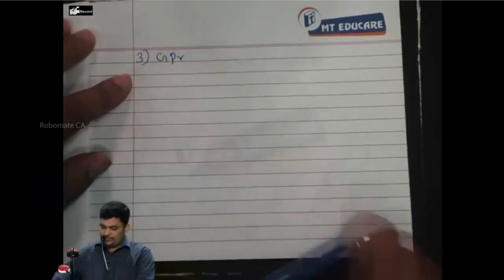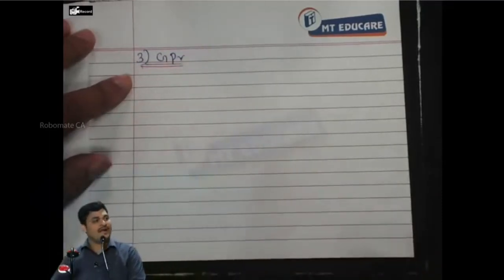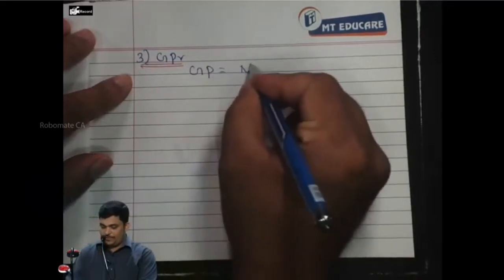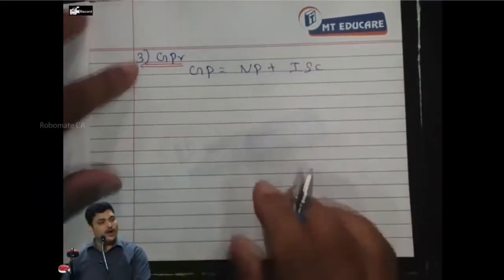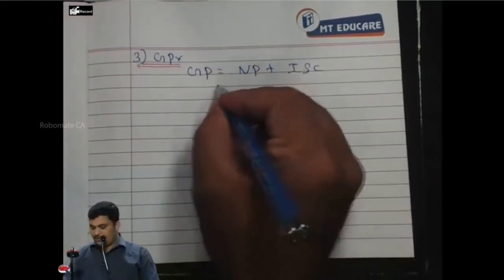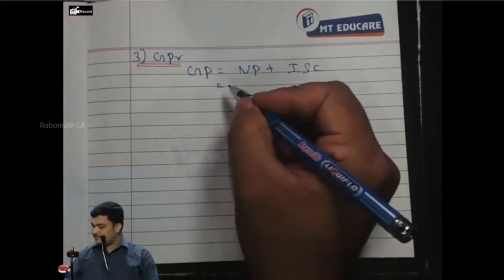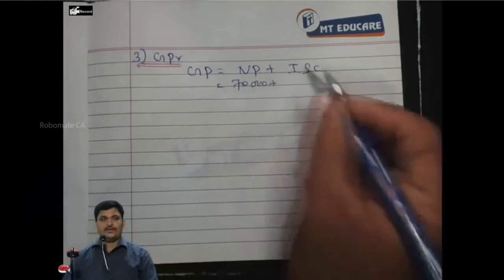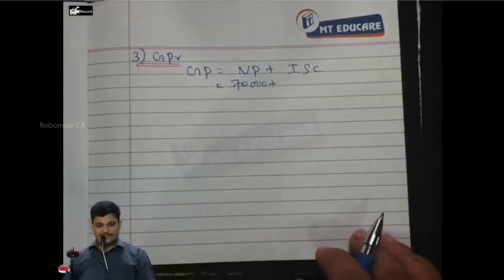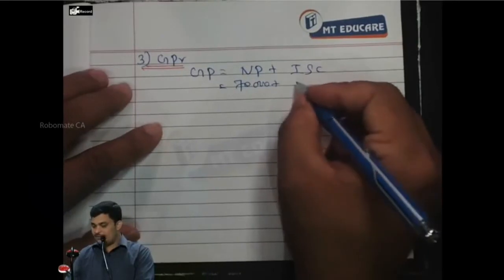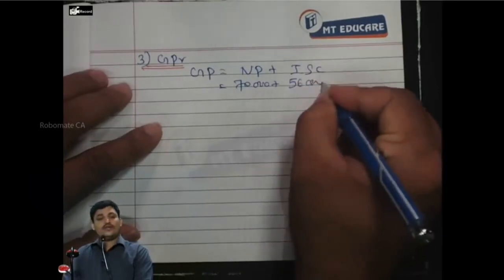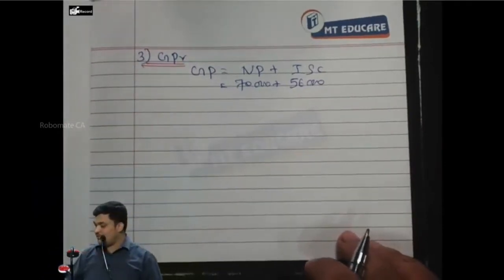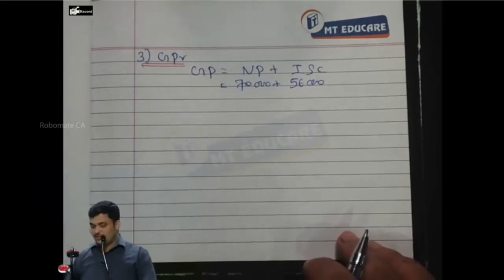Gross profit ratio. What is required is net profit and insured standing charges. Only when gross profit is not given do we require some other information. So net profit is given, how much? 70,000, plus standing charges, totally 64,000. 8,000 is uninsured and thereby 56,000 is insured standing charges.